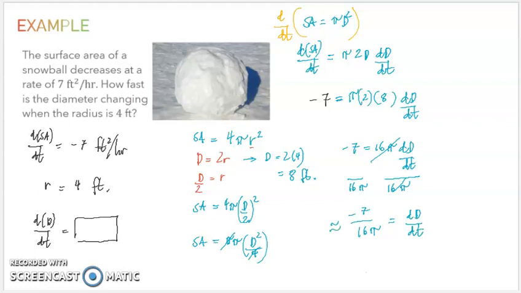And that is approximately negative 0.14. So the derivative of the diameter with respect to time is negative 0.14. The unit of measure will be feet per hour.